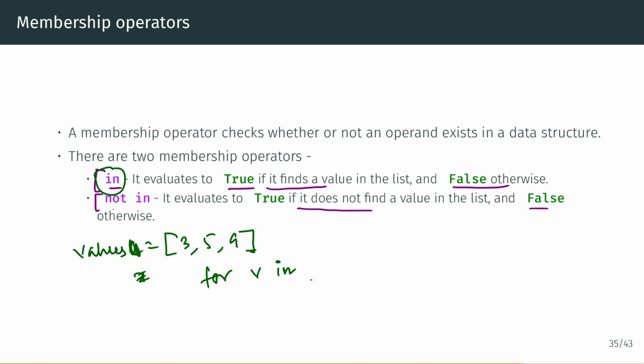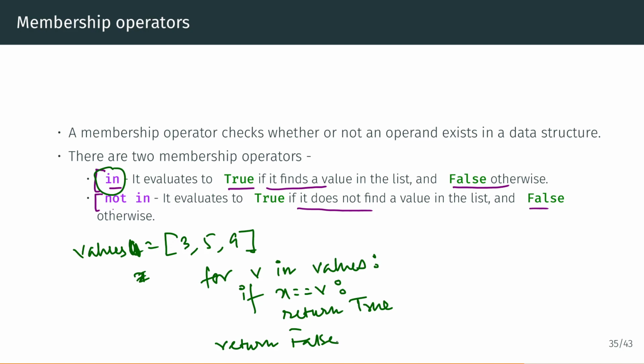So you say for v in values, if x equals v, you return true, else you return false. Let's say you have a function, a procedure for this.